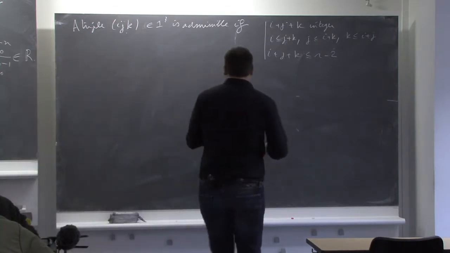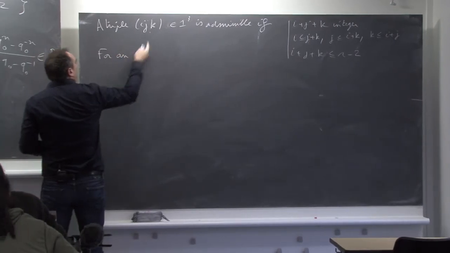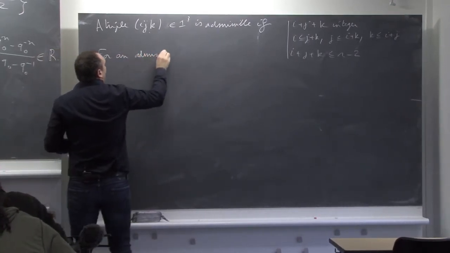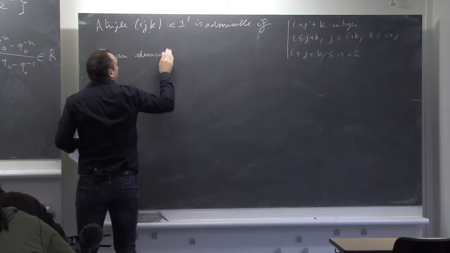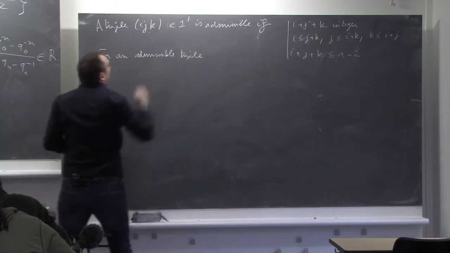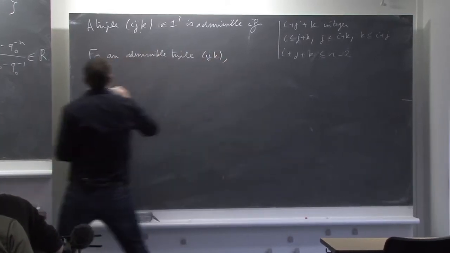So now, for such an admissible triple i, j, k, you set this.